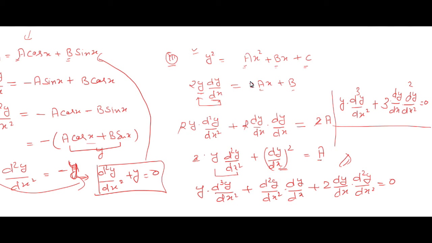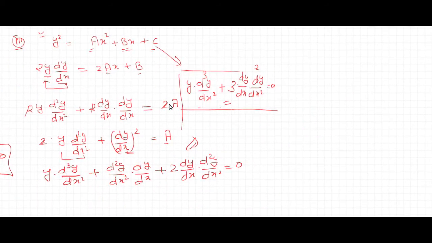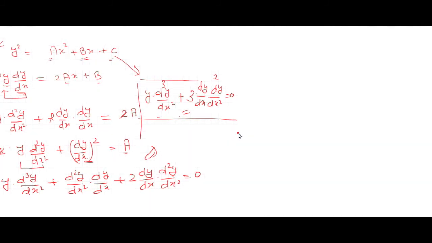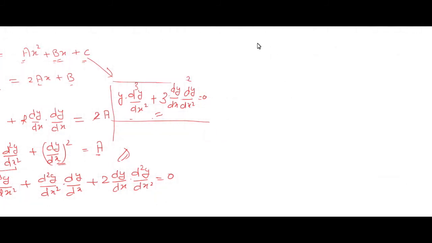So this means these solutions correspond to this differential equation, or if you solve this differential equation anyhow, you will get such a type of solution. So by using this method, you can form a differential equation corresponding to any ordinary equation.